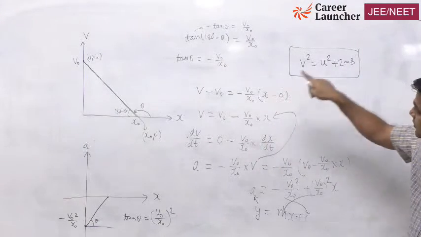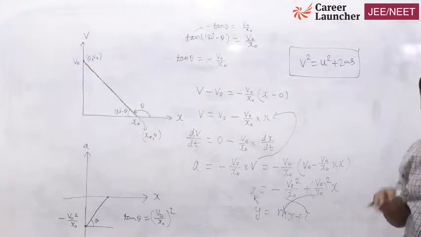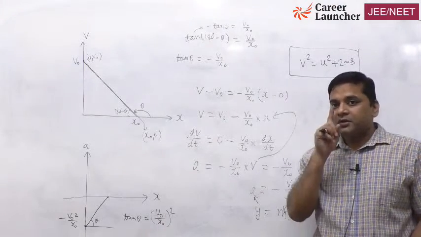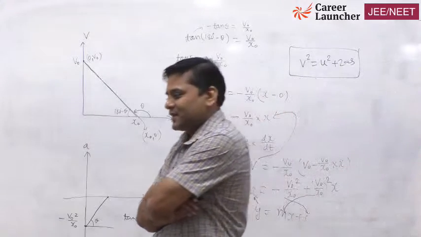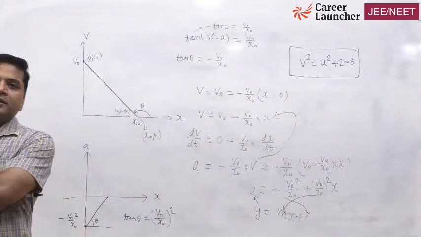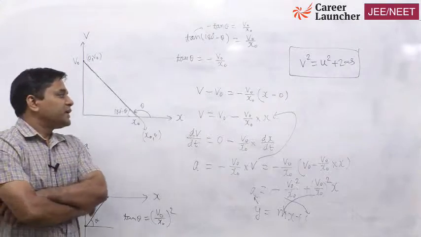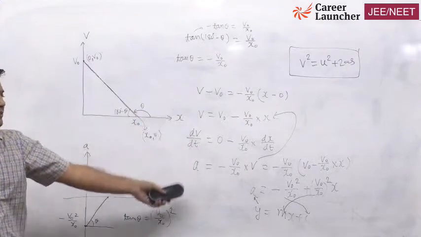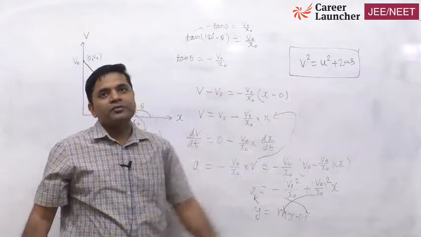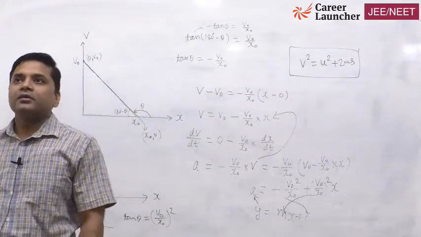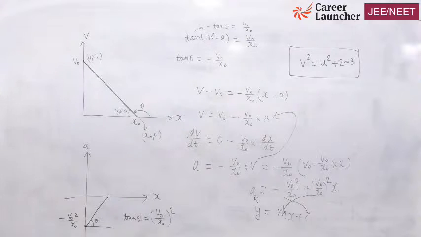Can this question be solved by this approach? Think carefully. I am giving 2 minutes and after that I will explain. Aditya doesn't want to use the integration or differentiation method to solve this. He wanted to use this method. Let's see whether this is applicable or not.